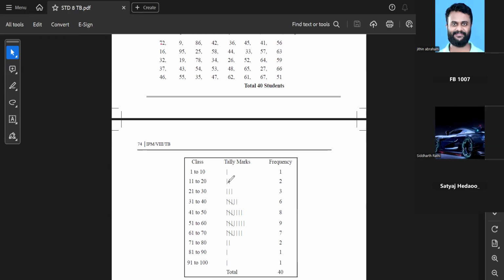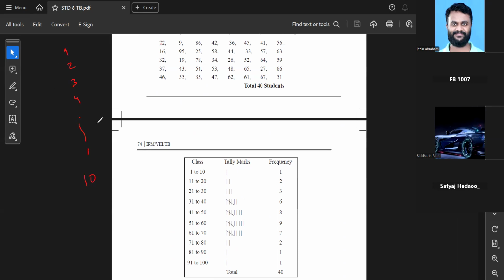In this case, if you observe, the numbers range from 9 to 72, or maybe 80 or so. I can see 78, I can see 86. So roughly it's a range of 1 to 100. If you write 1, 2, 3, 4 and so on up to 100, imagine how many rows it will need. So much space will be required to record such a huge data. So when the numbers are in such a wide range, what will we do at that time?